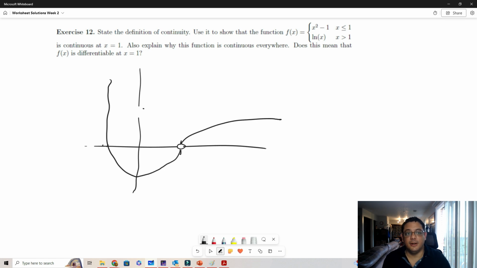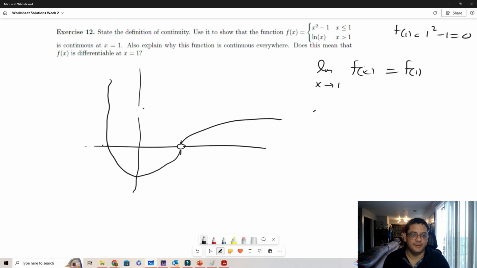Anyway, to prove that this is continuous, I want to prove that the limit when x goes to 1 of f of x is equal to f of 1. And so first, where is f of 1? Well, f of 1 is defined here. F of 1 is 0 because it's 1 squared minus 1 equals 0.